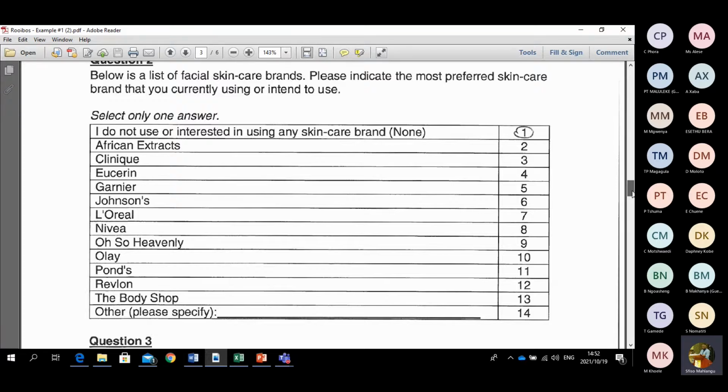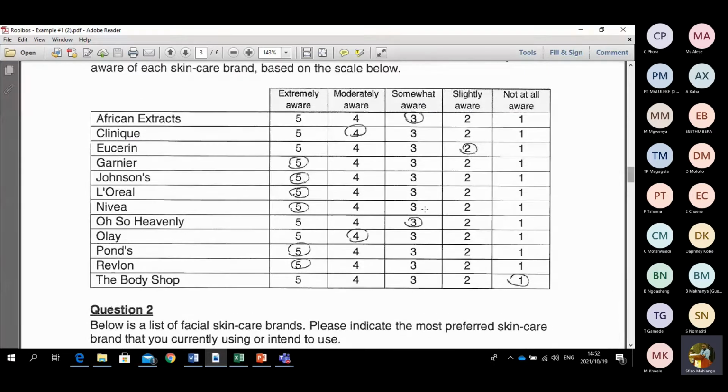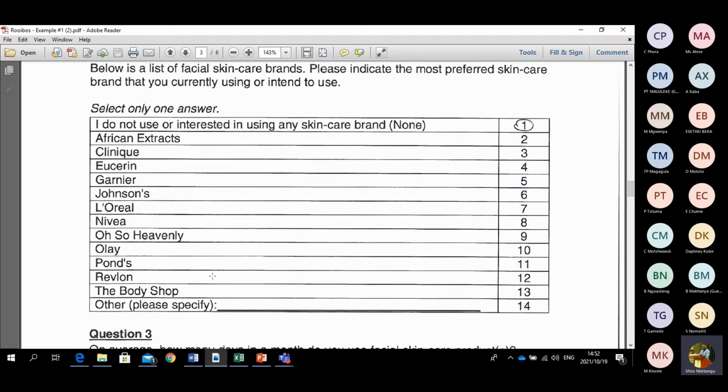So you can see that the answer is quite consistent with what he said here, because this is about the skincare brands that they are aware of or familiar with. And then the next one is asking them about usage. So imagine if this respondent said here, I'm not at all aware of the Body Shop, and then in question 2, he said, I'm currently using the Body Shop.